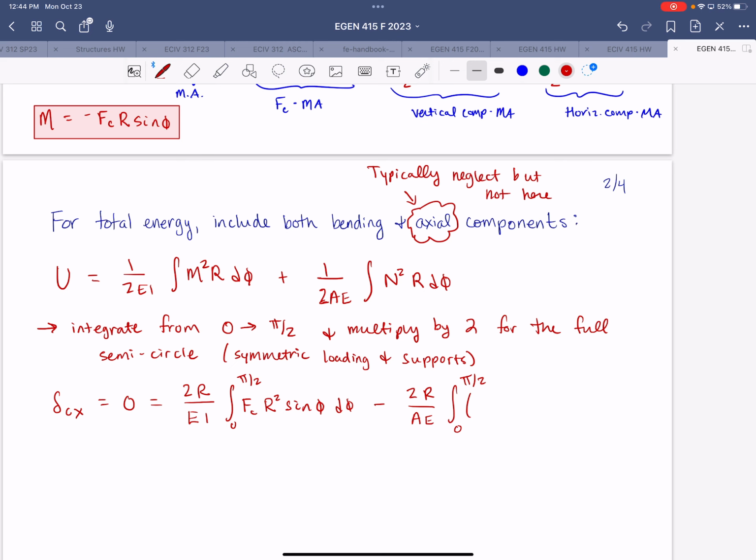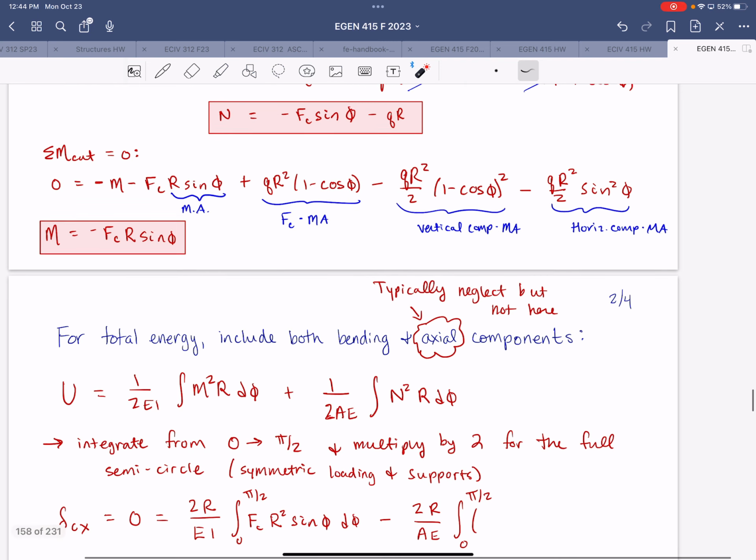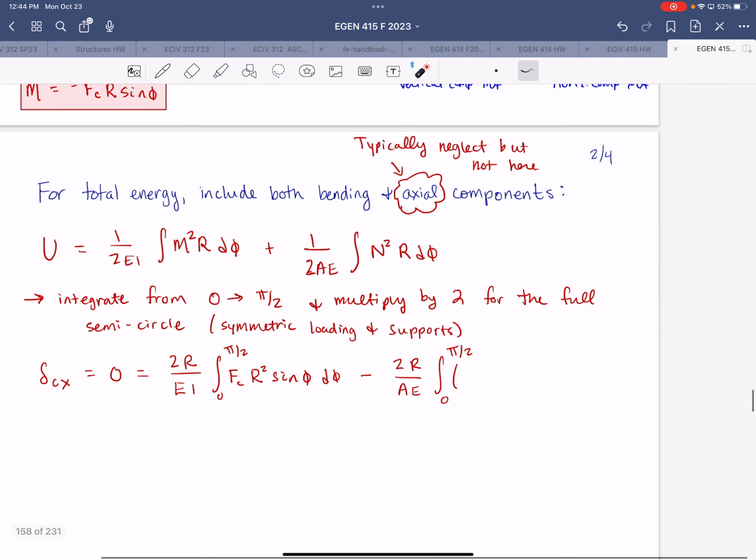And then we have our expression for n, which is negative F C sine phi minus QR. So that's negative F C sine phi minus QR. And then the partial derivative of that with respect to F C is negative sine phi.